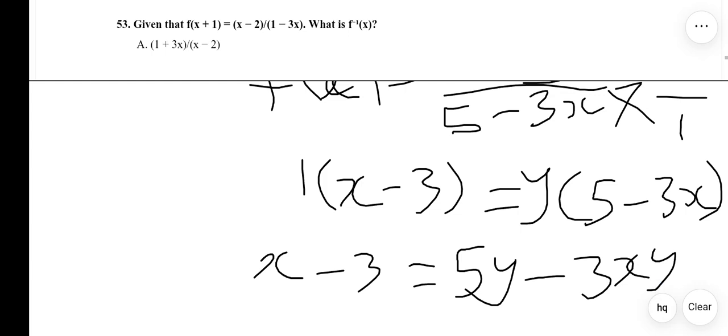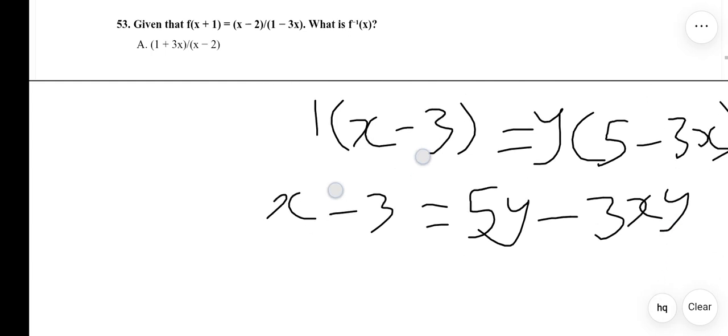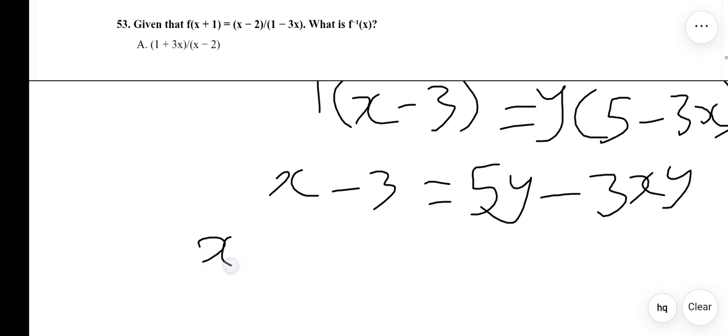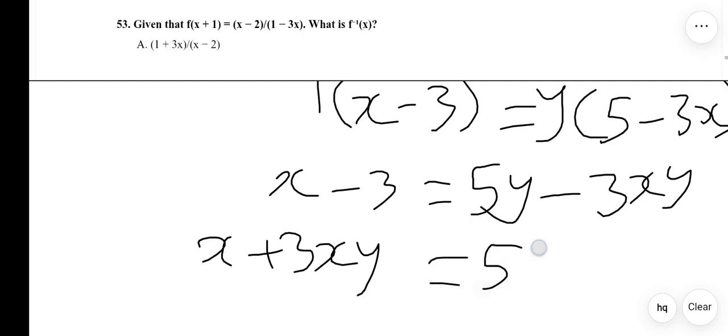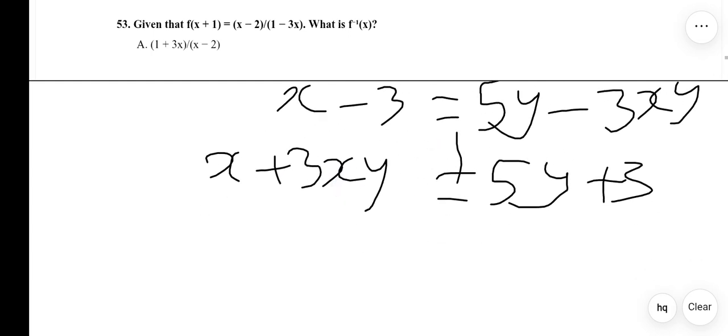So this 3xy, I'll take it to the other side because it contains x. I want to make x the subject, so it should change to plus 3xy because it's minus before. And this minus 3 will change to plus 3 on the other side. So in this place x is common, so if I bring x out, this will remain 1, this will remain 3y.